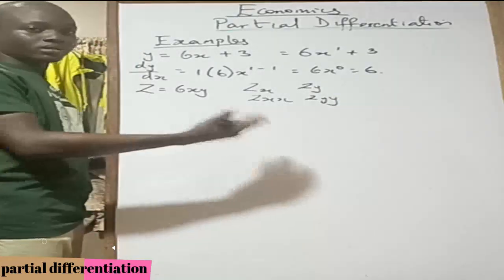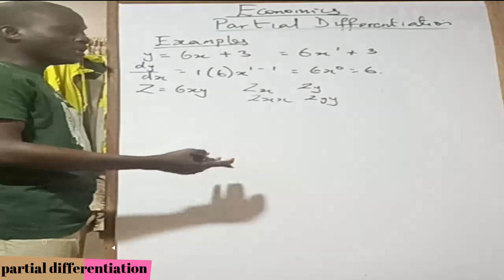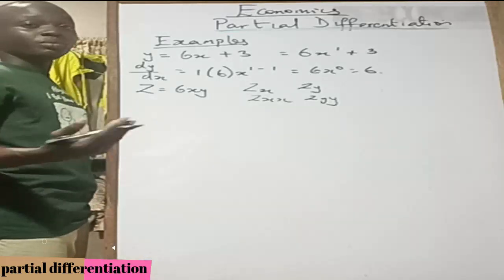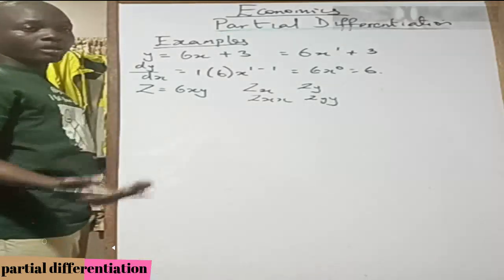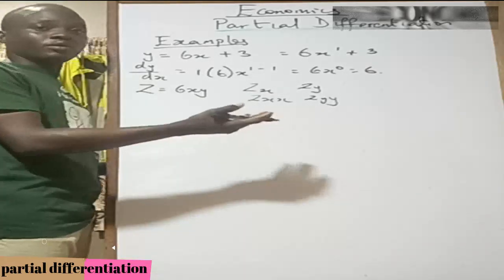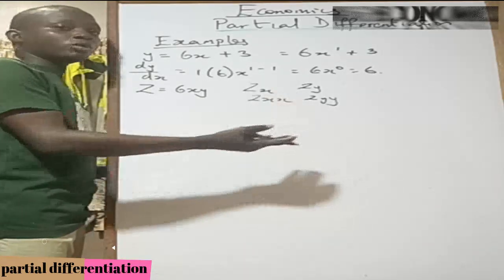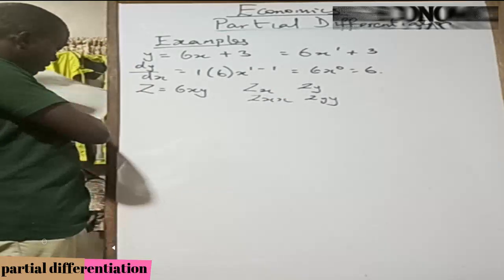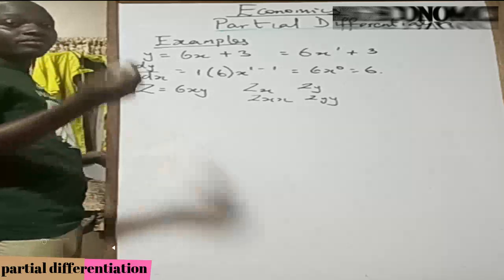Those are the second order direct derivatives. You may also be asked to look for the cross partials. Cross, just like you have cross elasticity of demand, looking at how a change in the price of one commodity influences the demand for a different commodity, right?